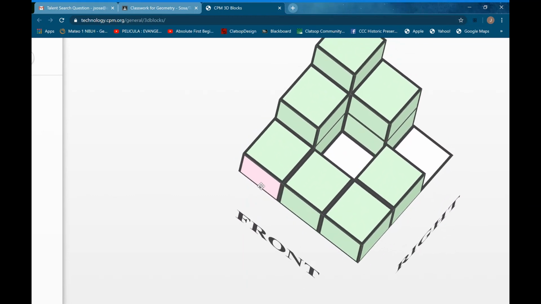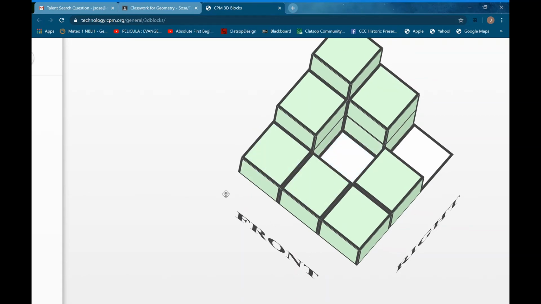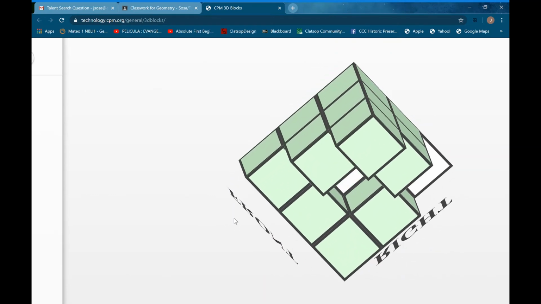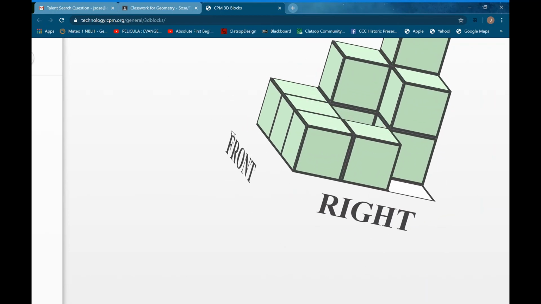As you can see, now I wish I could point to these, but there's 1, 2 here sides that make up the hole, and then there are 1, 2 more. So there's 4 extra sides that make up the total surface area of this solid.